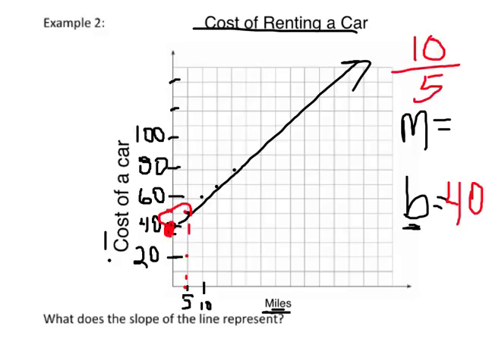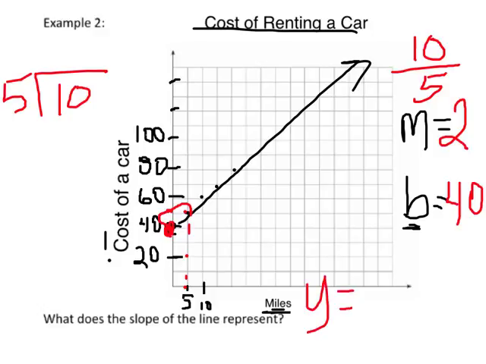We ran 5. So simplify that to find your m. You can divide top in, bottom out. 10 divided by 5 is 2. So now write your equation. y equals 2x plus 40.